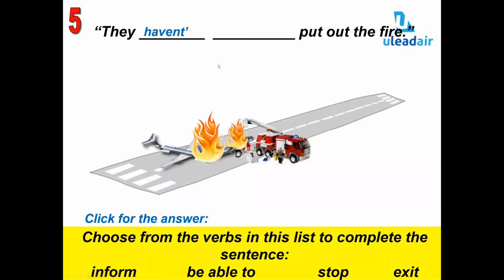They haven't been able to put out the fire. To be able to put out the fire: they have put out the fire, or they haven't put out the fire, or they haven't been able to put out the fire. Okay.